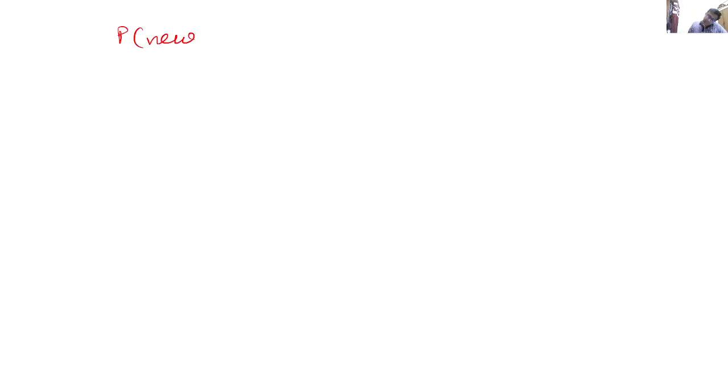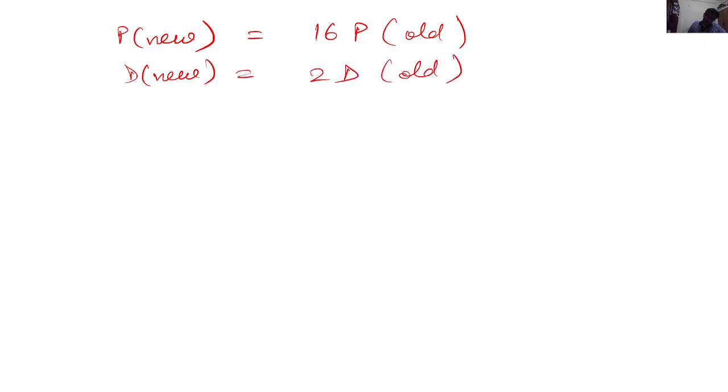So P new is equal to 16 P old, let us suppose. D new is 2 D old. So R max we know is directly proportional to D to the power half and P_t to the power 1 by 4.